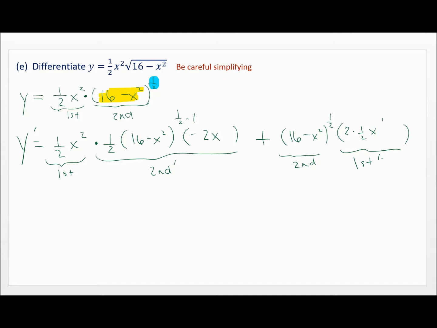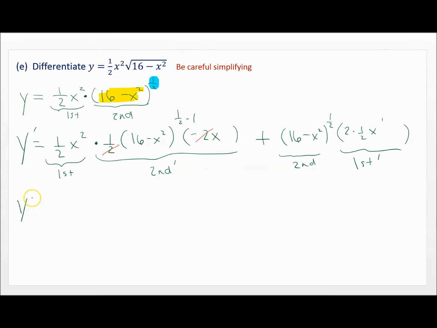So when I look at this, I've got some exponents to deal with right here that need simplifying. There are things that I can cancel. So here's the first thing I noticed right off the bat. One of these 1/2s, I'm going to go with this one, will cancel with that. That still leaves me with a 1/2 x squared times a negative x. So I'm going to write that down.